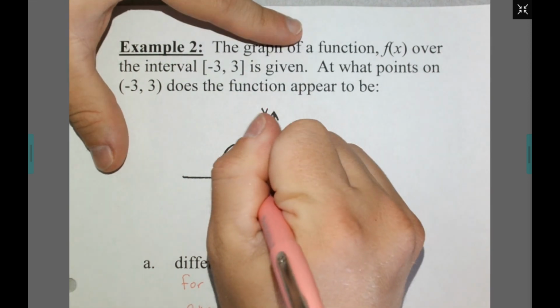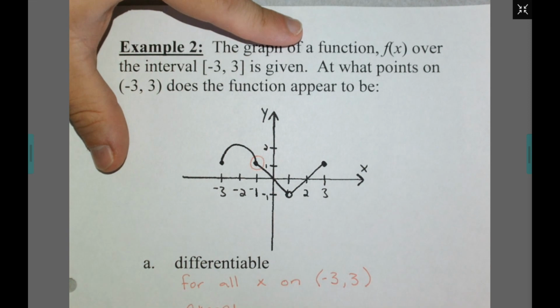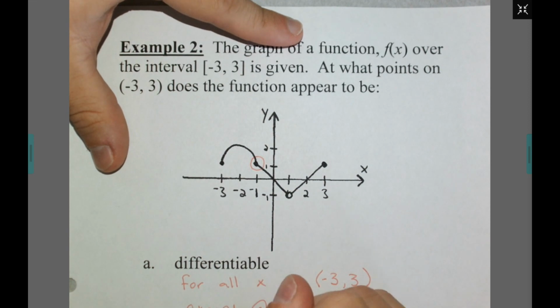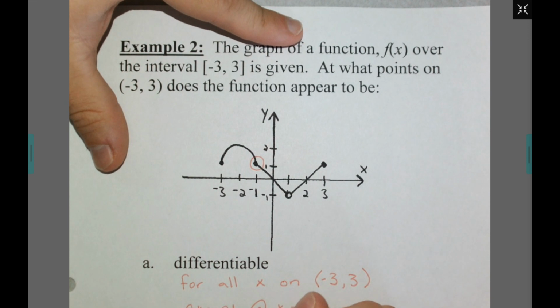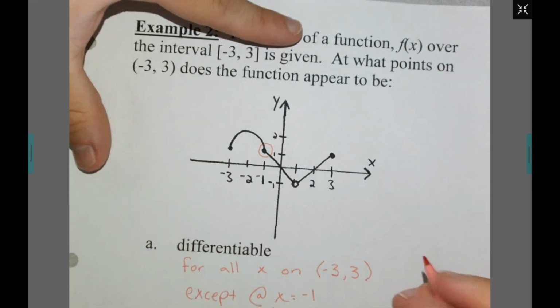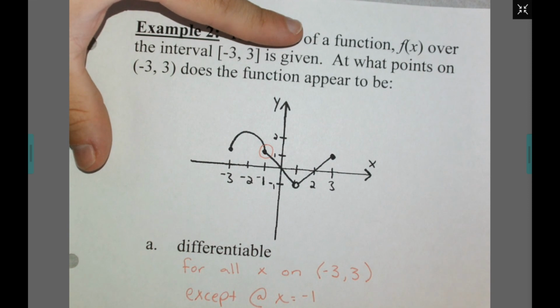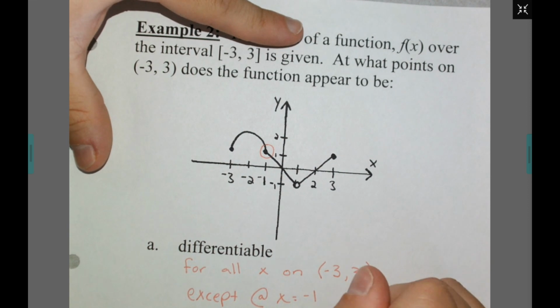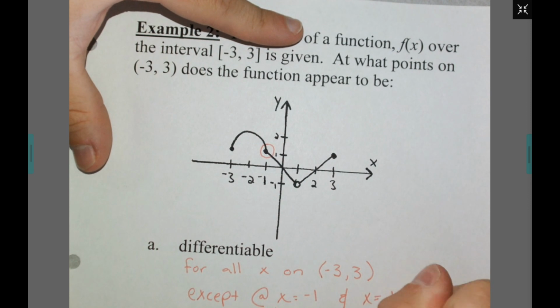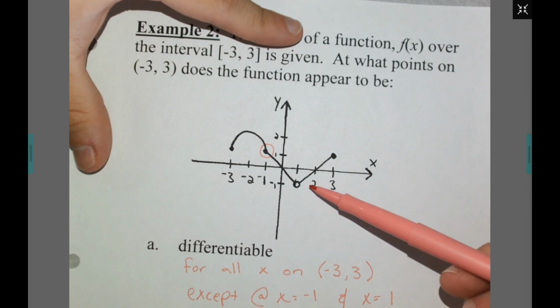looking at this, we got a sharp change right there. So I'm going to say except at x equals -1. It's going to be a corner. And x equals 1. For x equals 1, there's two routes you could go here.